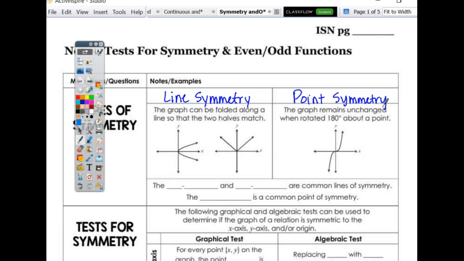So line symmetry, if you look at this graph right here, it's symmetric around the x-axis, correct? That means if I folded it in half over the x-axis, this and this would both touch. So if I have this point, I also have this point, right? They touch. And the x doesn't change. The x is the same, but what value changed here? The y changes, right? This is a reflection over the x-axis.